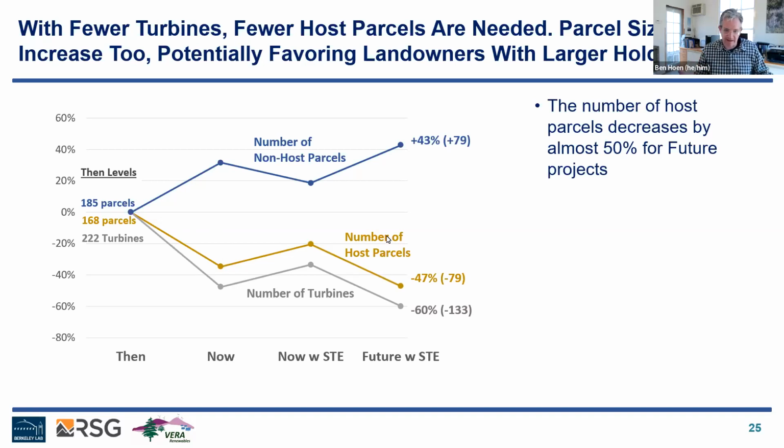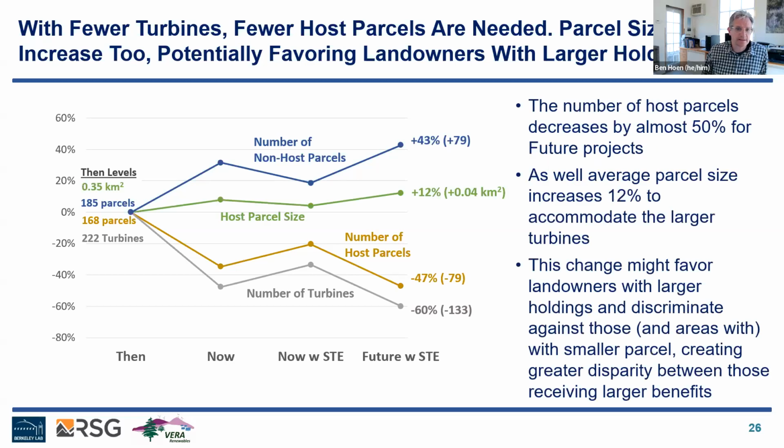There's just going to be less places for those turbines to go and less parcels that will host them. And no surprise, we see an increase in the number of non-host parcels of approximately 43%, and a corresponding 47% decrease in the number of host parcels. And one last little effect is that the host parcel size increases by a little, not dramatically, roughly 12%.